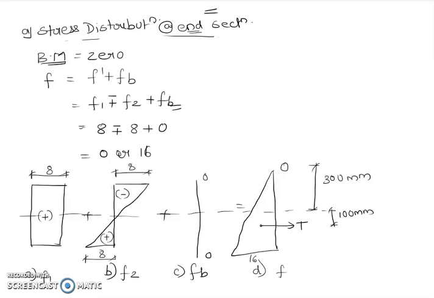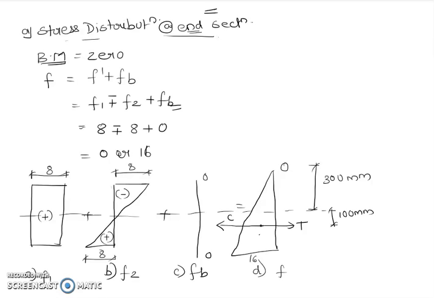So this is the value of T. Similarly, we have already calculated the position of compressive force in the previous numerical, and that also is acting 100 mm below, towards the compressive side. It was actually above in the previous section, now it is going to be at the bottom because this is the compressive side. Earlier this was the compressive side and this was the tensile side. Now because this is the compressive side, the compressive force also is going to act below the neutral axis, below the CG, and again it will be at 100 mm.